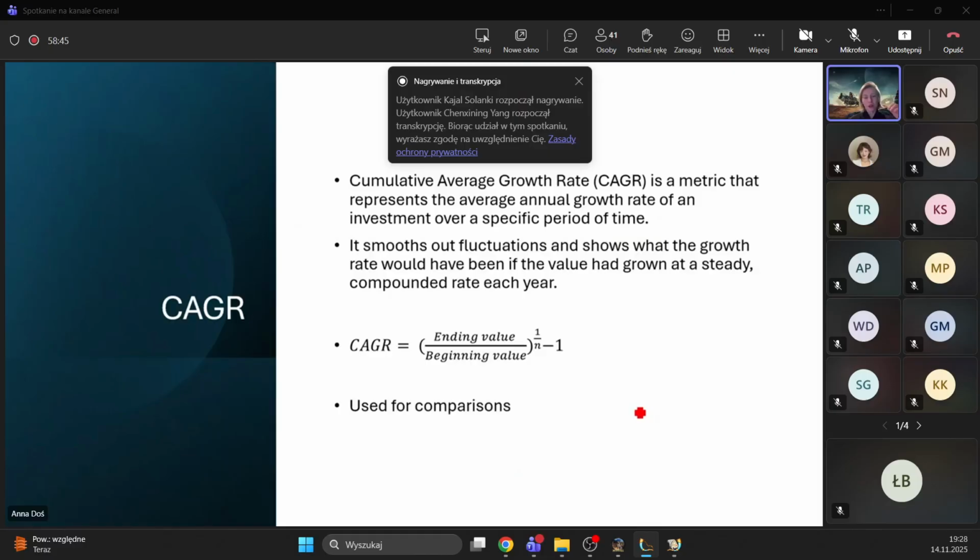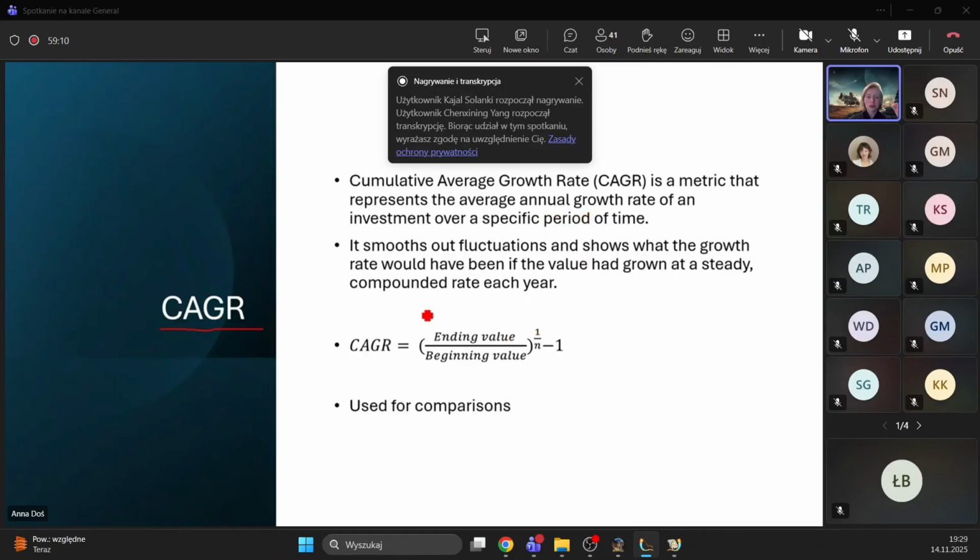Now, when you go to data vendors, to portals of finances, you can often get information on cumulative average growth rate. So CAGR. It is the metric often reported for instruments, for stock, for other assets, and this represents average annual growth.